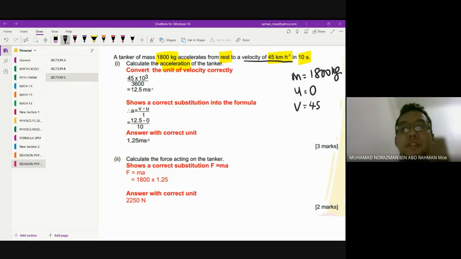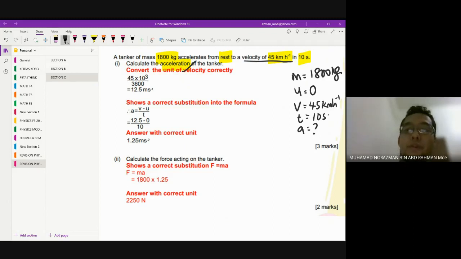Remember, we need to change to meter per second. It's okay, we just write kilometer per hour first, and then we have time in seconds.